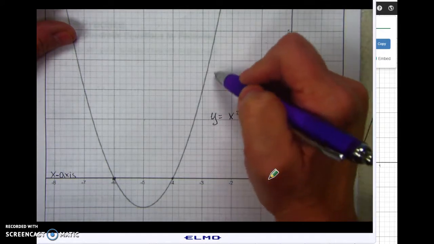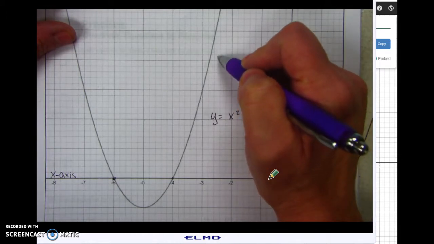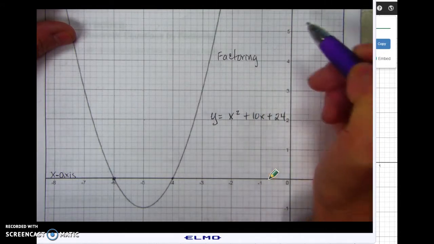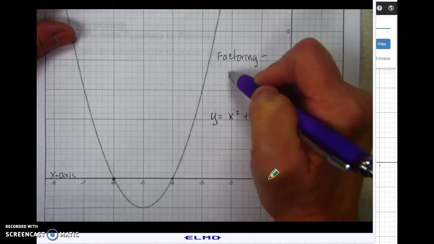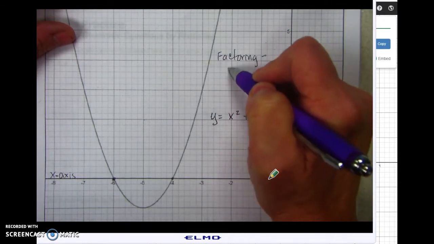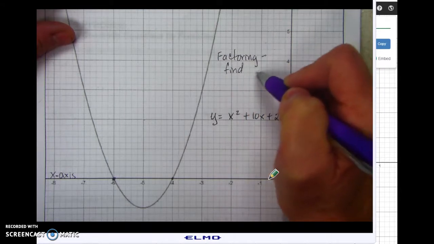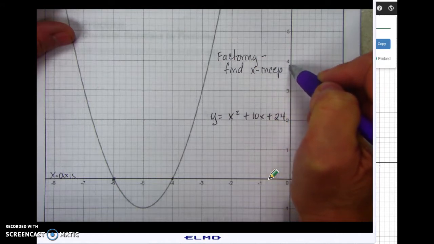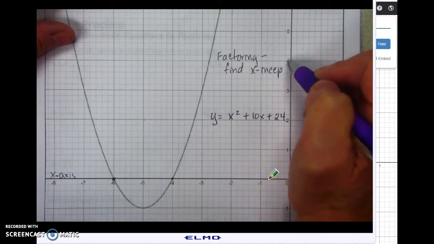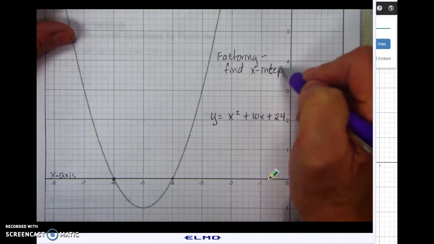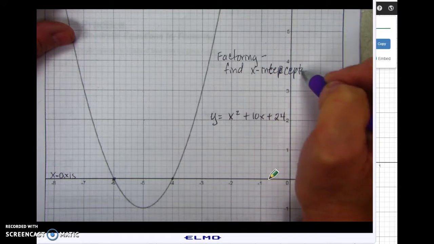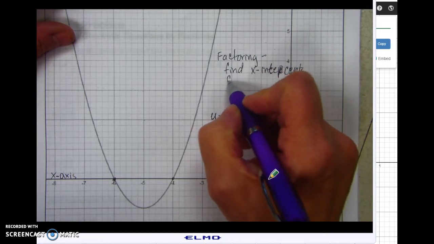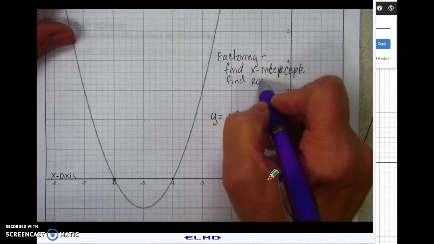So we are looking at factoring, and we do this to find the x-intercepts. Sorry about that. So these are the x-intercepts. We also call that finding the roots.